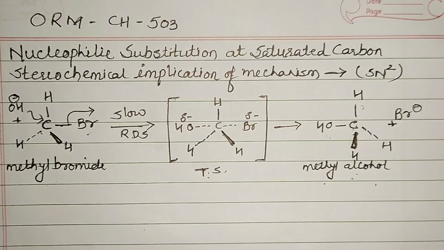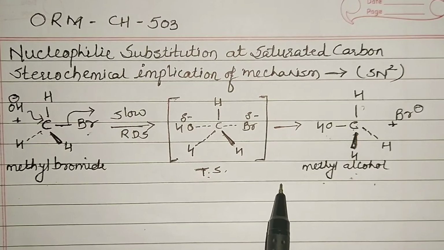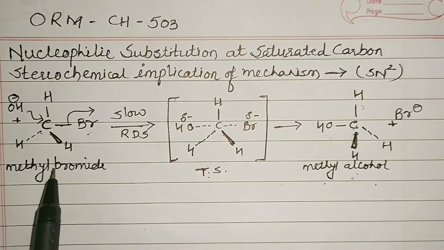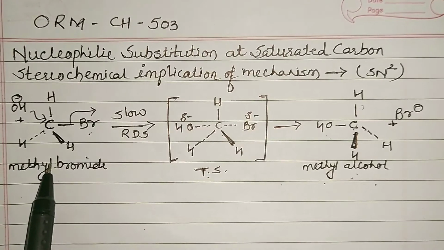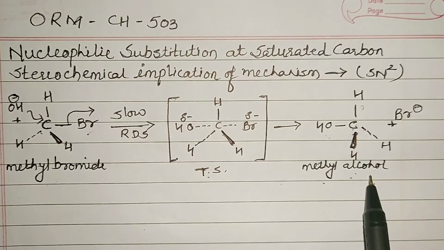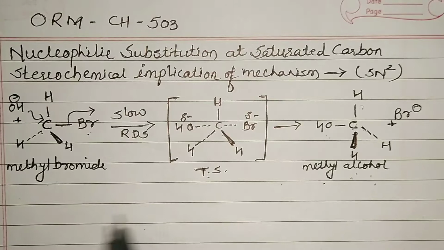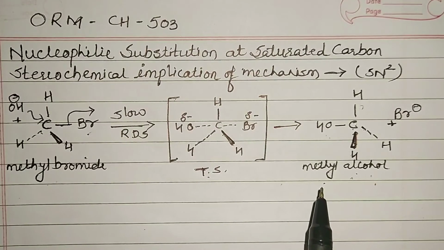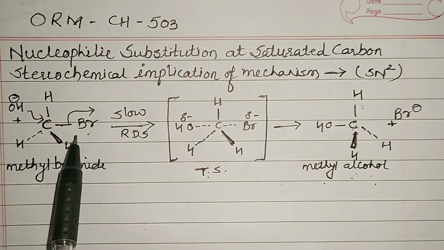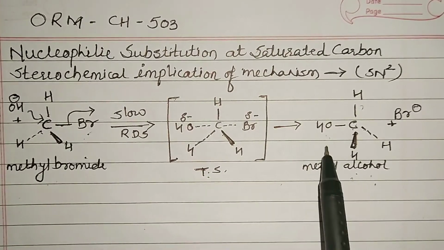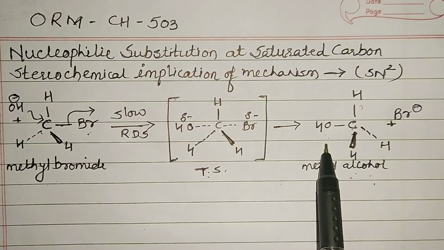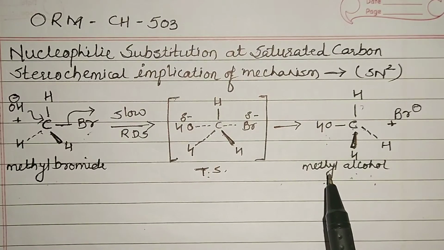For this purpose, we have the mechanism of the SN2 reaction. This is the substrate and this is the product. By observing the substrate and product, we concluded that here Br and OH are on the opposite side. It means there is inversion of configuration.